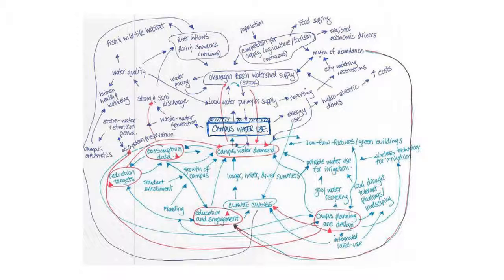Also to know is that one effect may have many interacting causes, while one cause may have many unexpected effects in the larger system. Let me repeat that. One effect may have many interacting causes, while one cause may have many unexpected effects in a larger system.